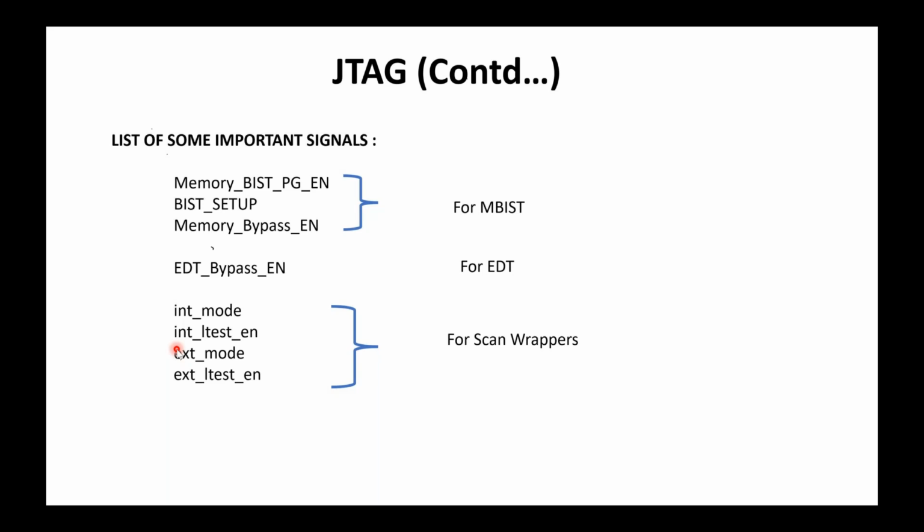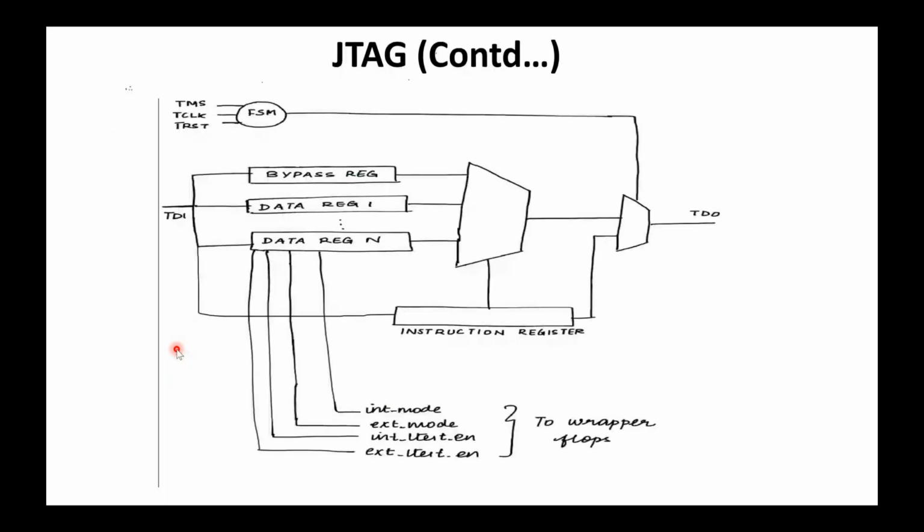So this is how the JTAG TAP architecture will look. We have an instruction register and a group of data registers. This mux is used to select between the data register and the instruction register. And this mux is used to select one of the various data registers present.